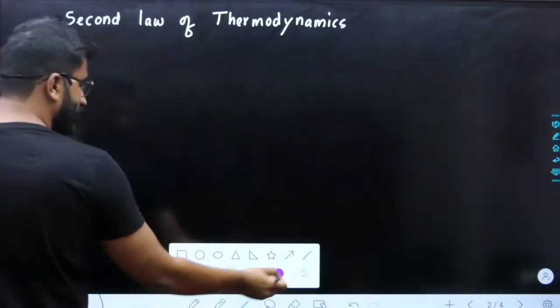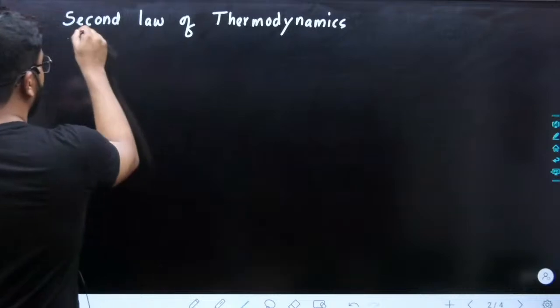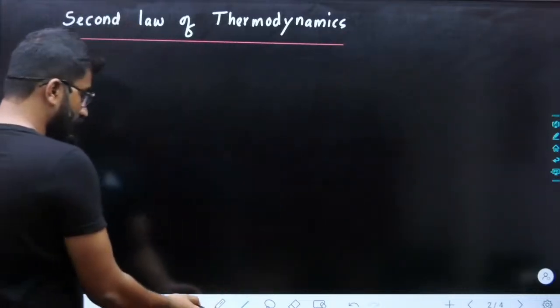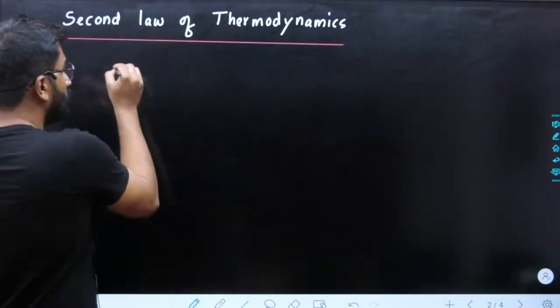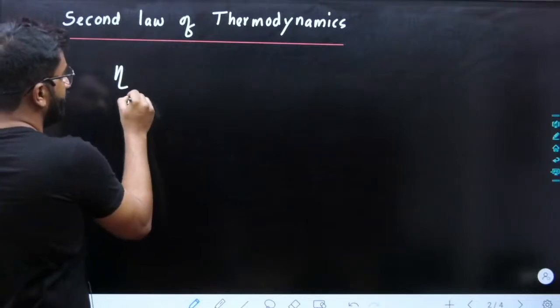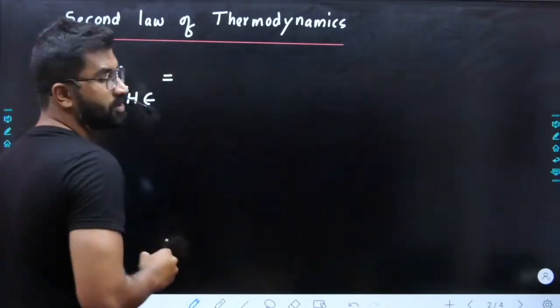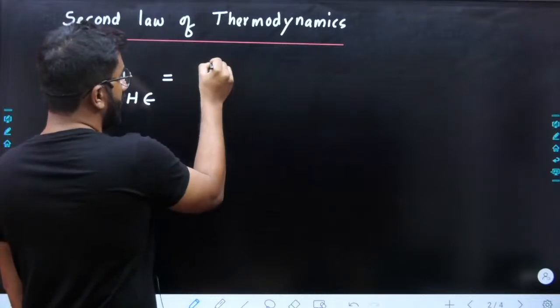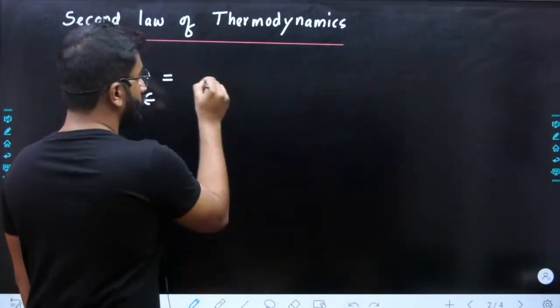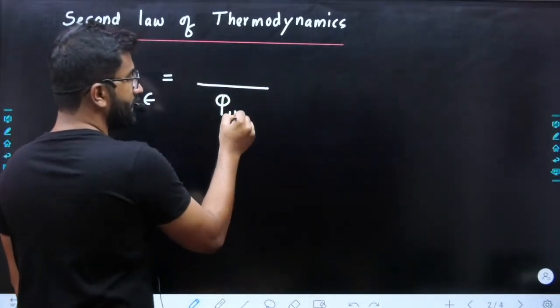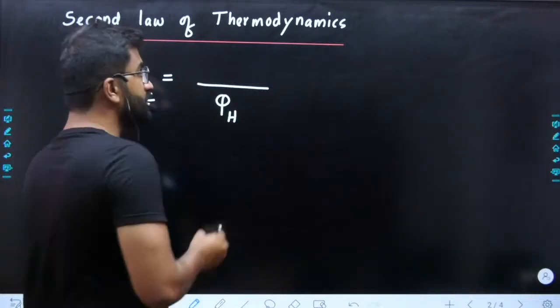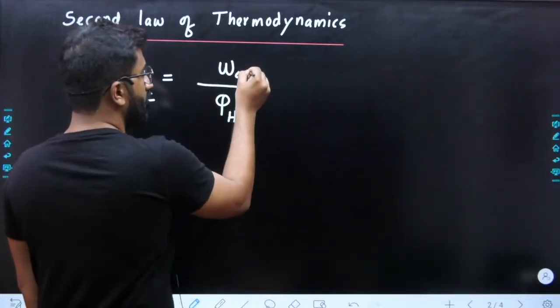So in second law of thermodynamics, it's very easy to remember the equations. What is the first equation you need to remember? Efficiency of a heat engine. That is, out of QH, the heat given to the heat engine, how much we are able to convert into work.